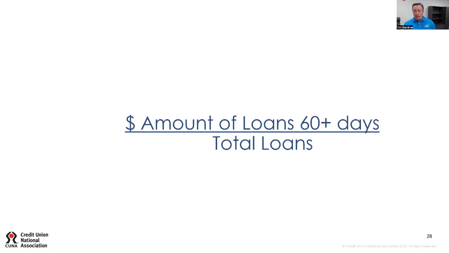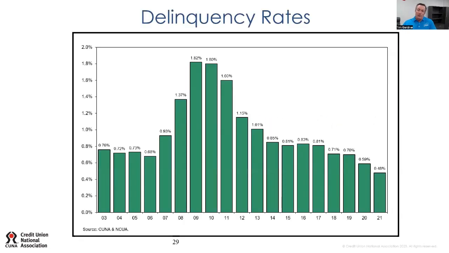So when we think about the delinquency numbers, here on the screen, you can see that 2008, 2009, 2010, 2011 delinquencies were really high. The primary reason for that was because that was the first time the credit unions were having to foreclose on homes. And so that spiked a lot of the numbers.